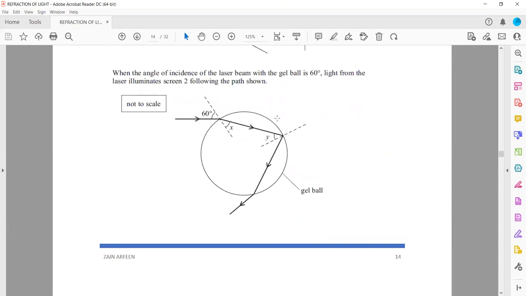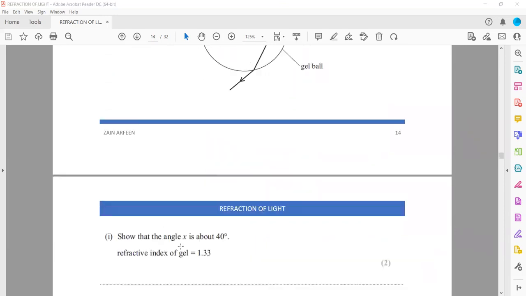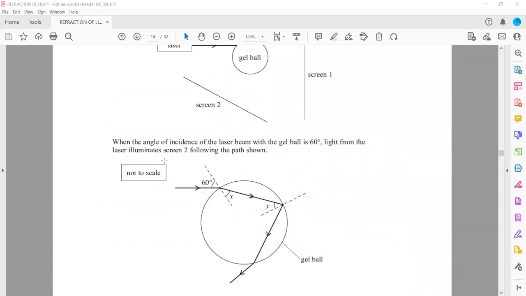So for the first one, we need the value of X, and we have the refractive index of the gel, which is 1.33, and the light is moving from air. This is air, and this one is gel, which has a refractive index of 1.33. Air is theta 1, and theta 2 is what we want to determine. So we'll use the formula n1 sin theta 1 equals n2 sin theta 2.